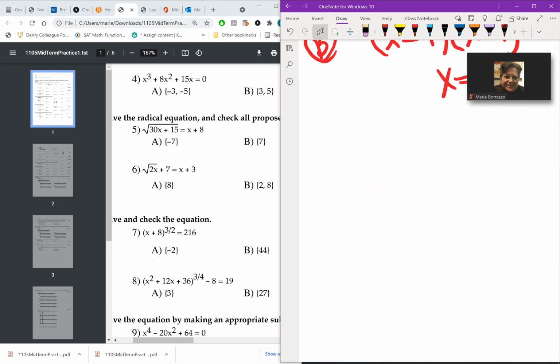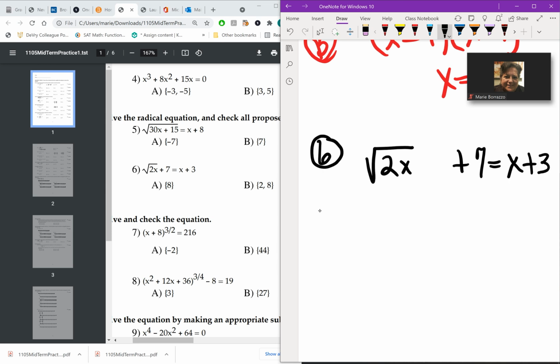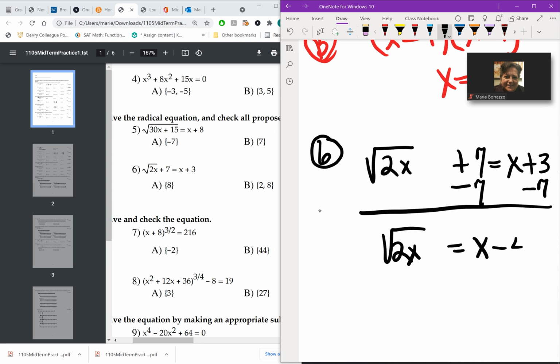Number 6, you have the square root of 2x plus 7 is equal to x plus 3. If you notice, I wrote it kind of far away from the square root because I don't want you to get confused. I'm subtracting the 7 on both sides. I'm left with square root of 2x is equal to x minus 4. At this point, I'm going to square both sides.